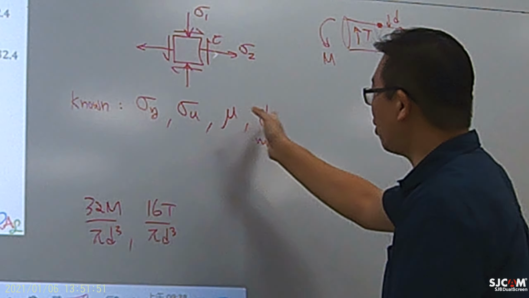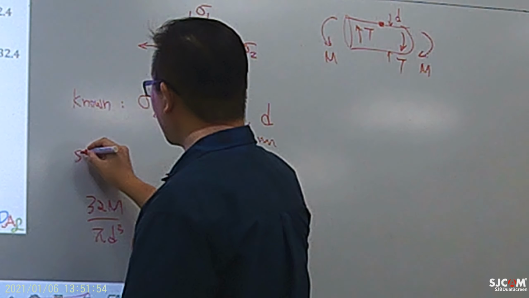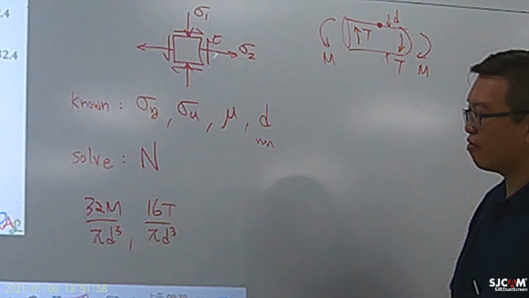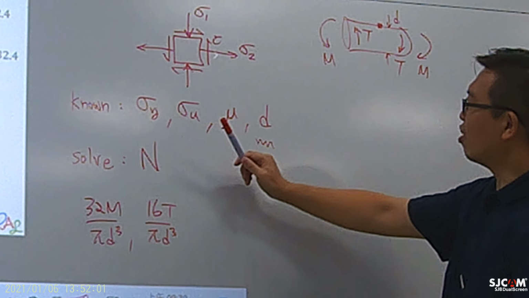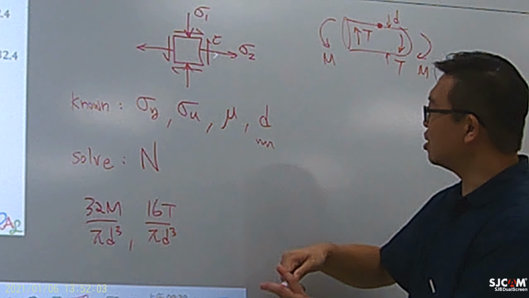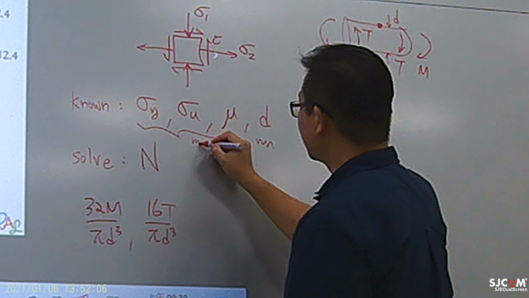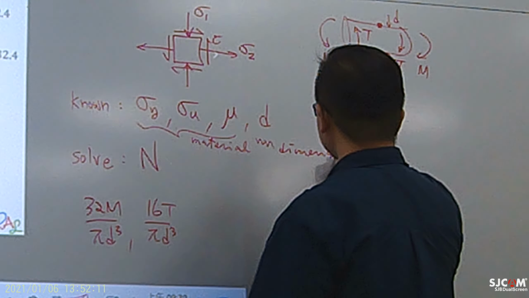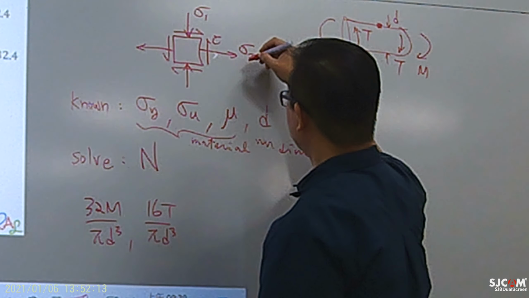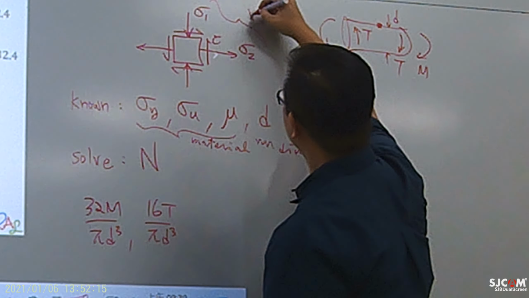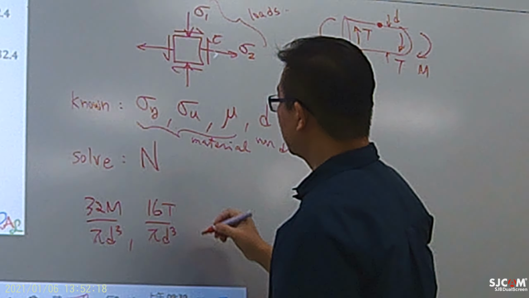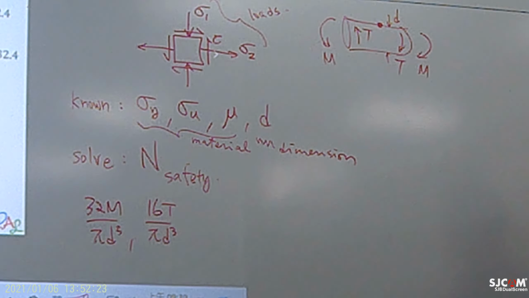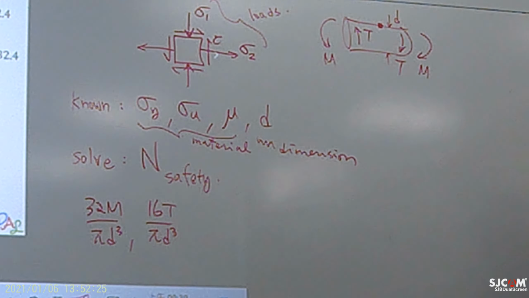And usually with all this known information, what are you solving for? Safety level. If you have stresses, you have material properties, these are material properties, and this is about dimension, and these are loads, then you can solve for safety. So this is one way of having a problem.